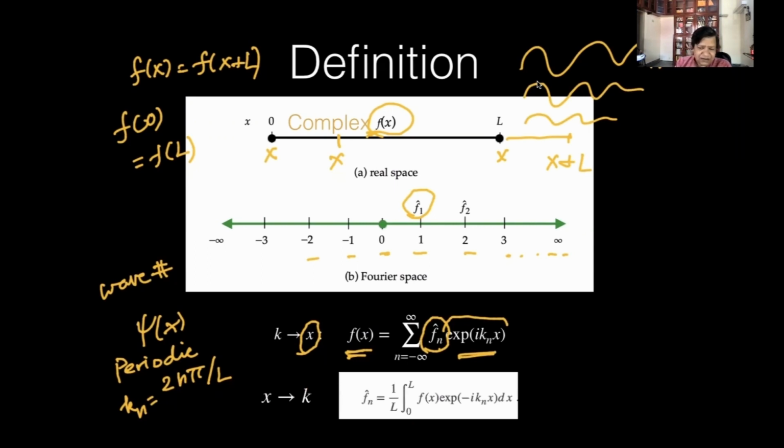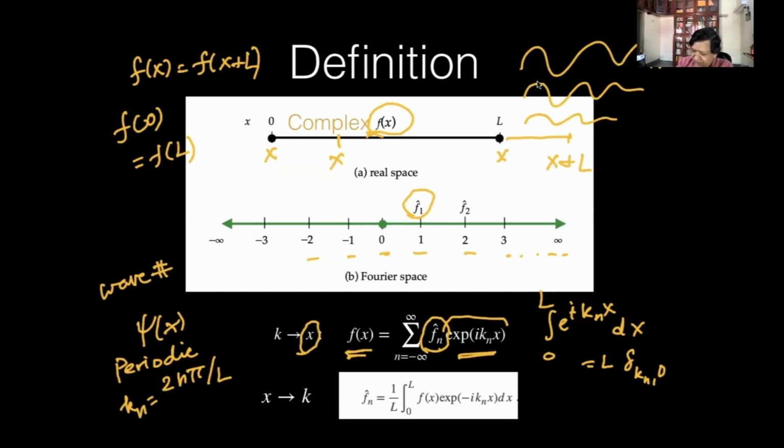Now we can invert this straightforwardly using the orthogonality property of the Fourier series. You may know that the integral of e to the power minus i k_n x dx from 0 to L is L times delta k_n 0, a Kronecker delta function. Using this property, you can show this; I will not show it, but you can do it yourself.